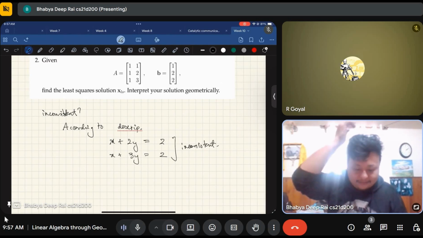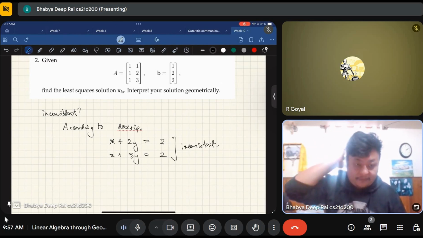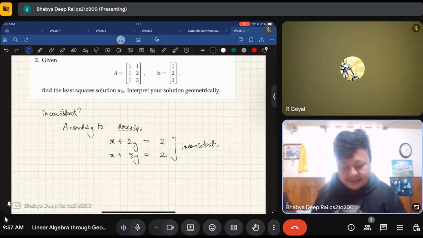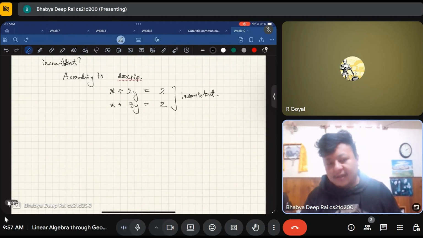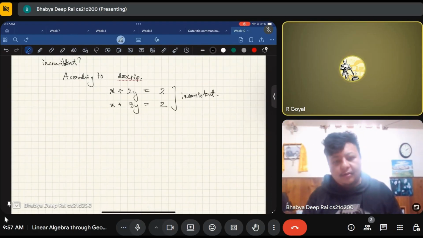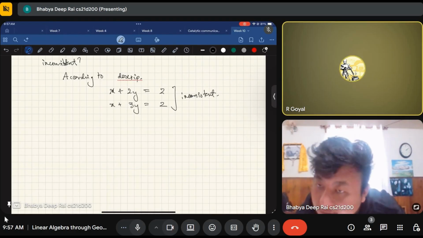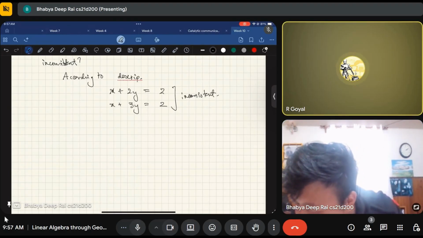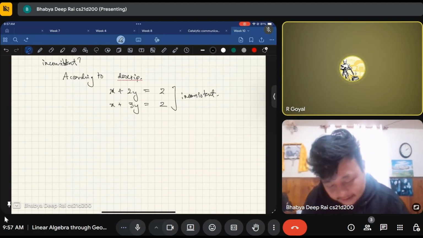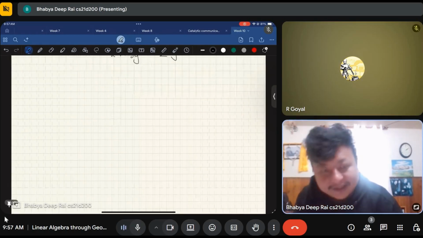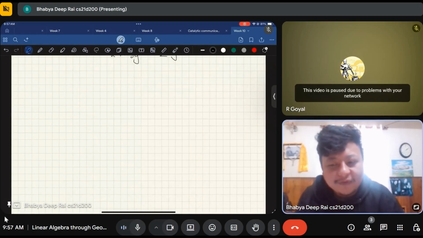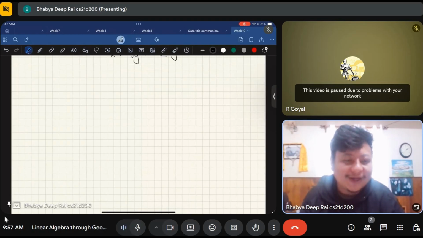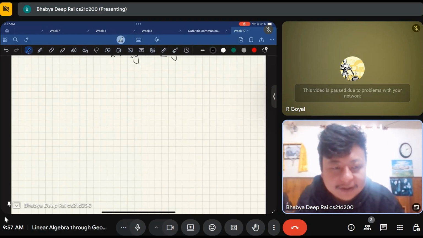Now I won't get to the proof of it. But what is the relation between finding the least square solution and having an inconsistent setup? Because if your system is consistent, then you have a unique solution already.